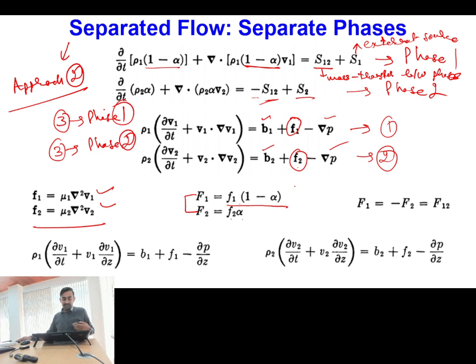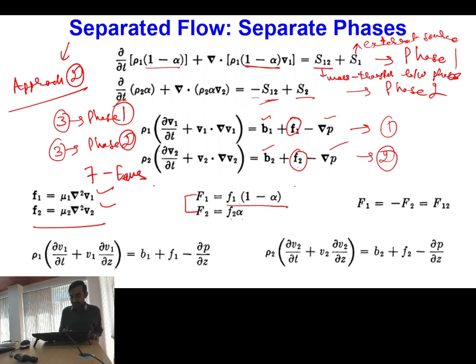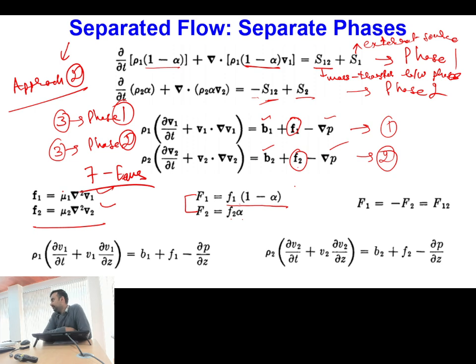Including the equations of state, you will have 7 equations. So detailed separated flow models for two fluids involve 7 equations. However, whenever we do simplification, we relax some of the conditions, and then these equations are relaxed to a smaller number of equations.